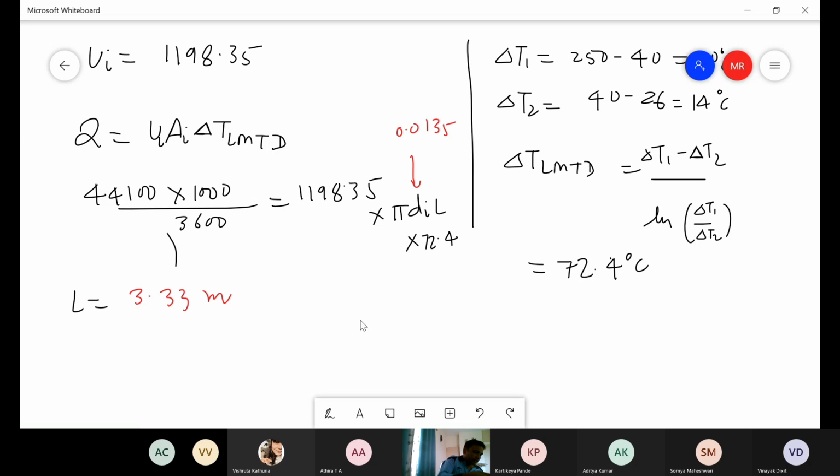So that is 0.1411 meter square. Okay. So this comes around 3.33 meter. Okay.